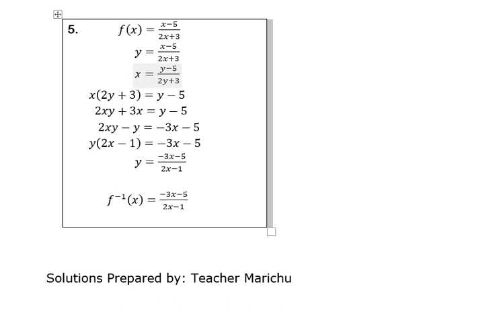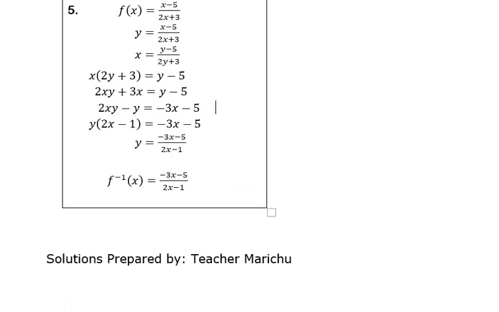Interchanging, writing x instead of y, and y instead of x, then cross multiplying, we have x times the quantity 2x plus 3 equals y minus 5. Then distributing x, we have 2xy plus 3x equals y minus 5. Then collecting y on the right-hand side, that means we have 2xy minus y. Then transposing 3x to the right-hand side, that is negative 3x, then copy minus 5.